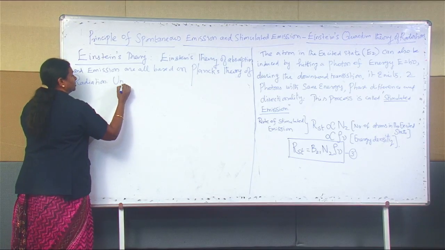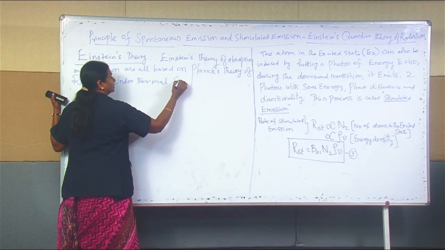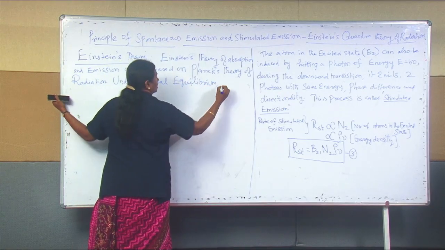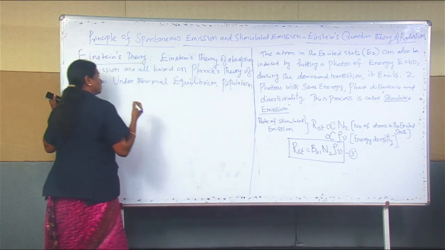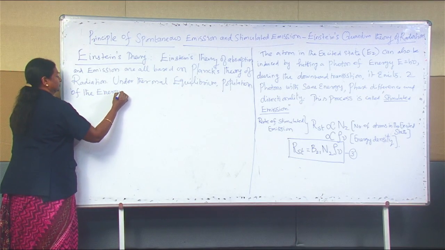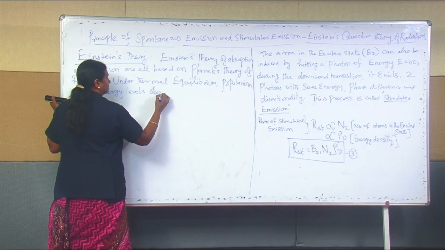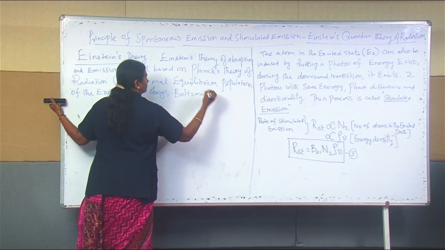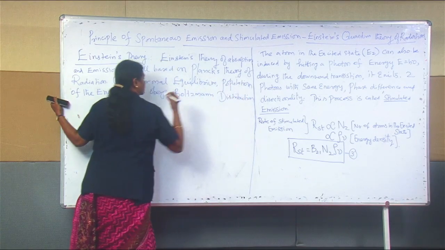And under thermal equilibrium, population of the energy levels obeys Boltzmann distribution law.